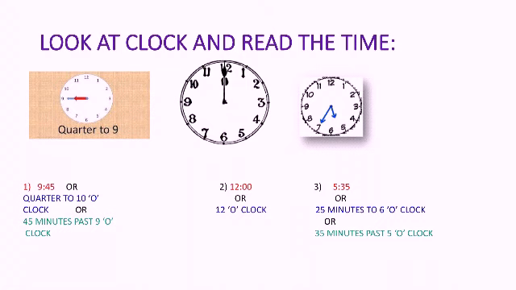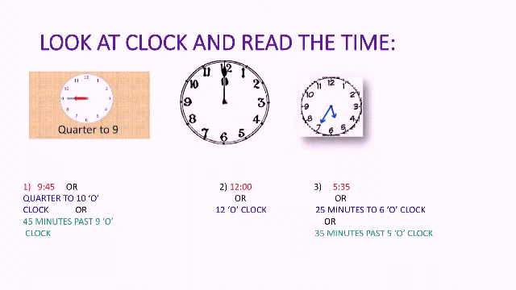So 9 will come first, then dot dot. As the minute hand is also pointing at 9, so 9 5s are 45. So 9 dot dot 45 you can write, or you can write 45 minutes past 9 o'clock, or you can write quarter to 10 o'clock. That means 15 minutes left to be 10 o'clock. Clear?